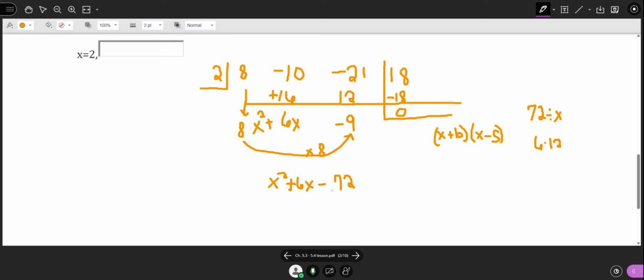Because I need to multiply to get 72, subtract to get 6. So x plus the big, x minus the small. Next step, divide by 8.